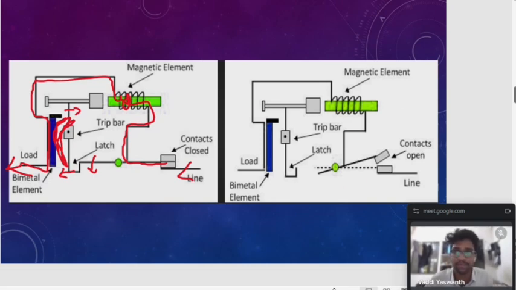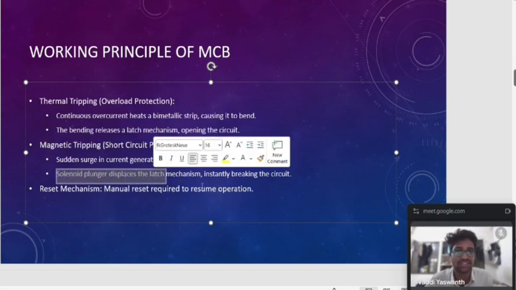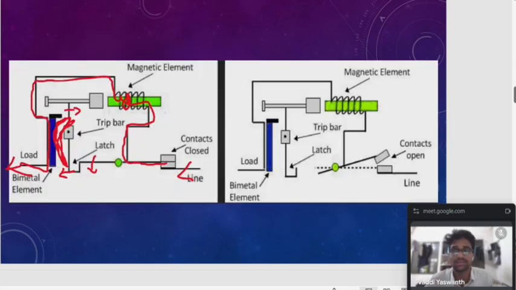When it gets tripped, this is due to thermal tripping, and there is one more tripping, which is magnetic tripping. This is the solid plunger displacement mechanism.